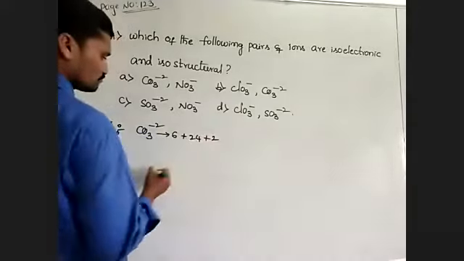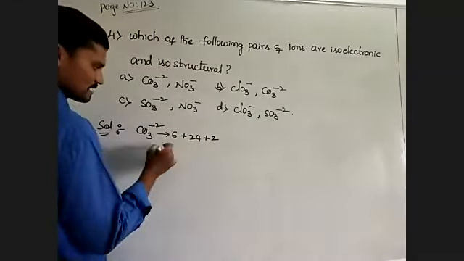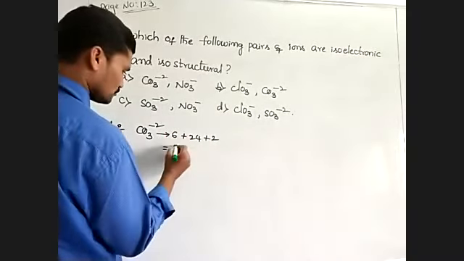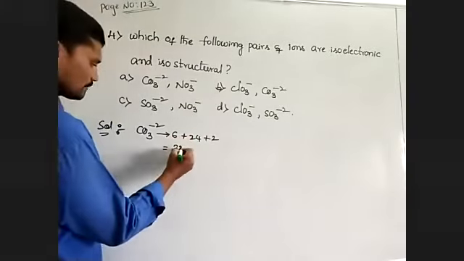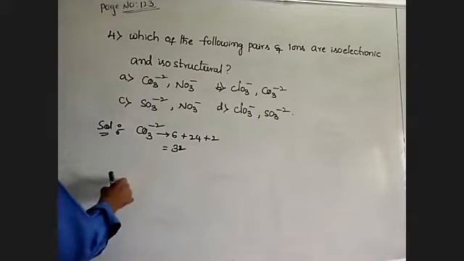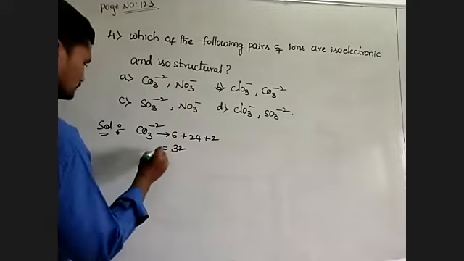Here if it is minus, we have to add; if it is plus, we have to subtract. So 6 plus 24 is 30, plus 2 is 32. So total number of electrons in carbonate ion is 32. Right. So next coming to NO3 minus.